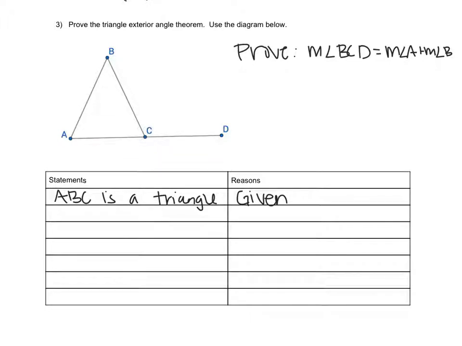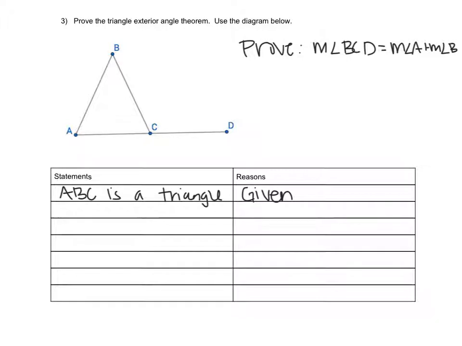So it tells us that the measure of angle A plus the measure of angle B plus the measure of angle ACB is 180 degrees. And that's from the angle sum theorem, which is what we started this section talking about.